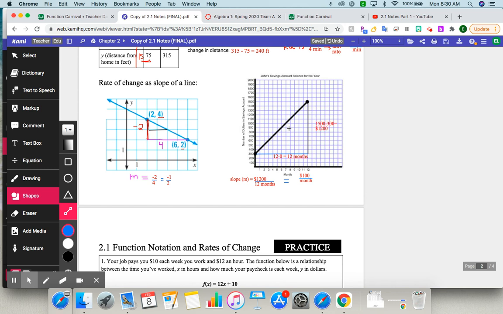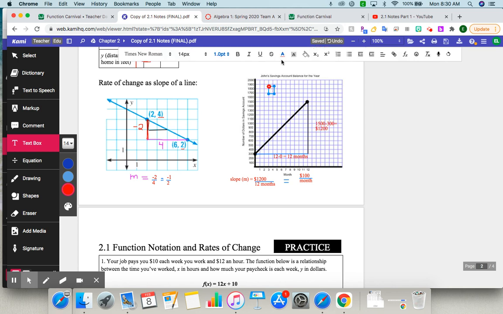We can actually see how the rate of change or the slope of the line relates to the equation of this function itself. So the equation of this function would be y equals 100 times x and then plus 300. The reason for that 300 is because of this starting point when x equals 0.